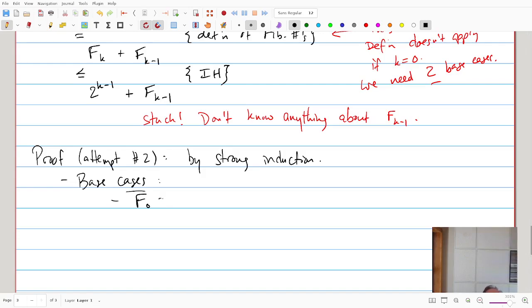So F0 equals 0, which is less than or equal to 1/2, which is 2 to the 0 minus 1. Check. And let's check the case for 1. So F1 is 1, and 2 to the 1 minus 1 is also 1, so they're actually equal. Check.